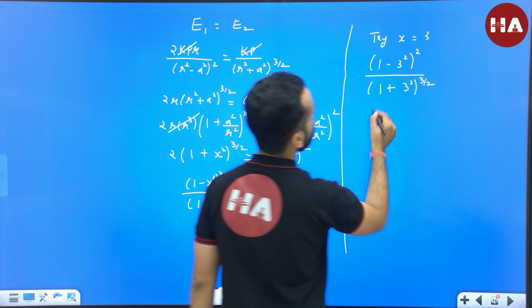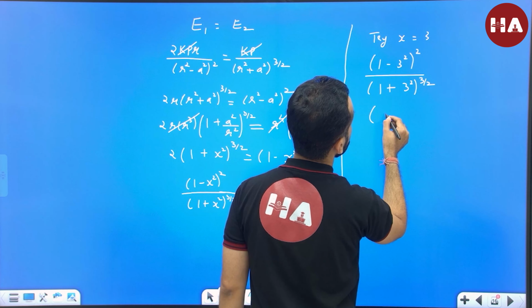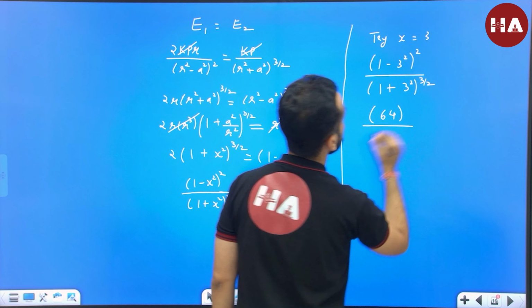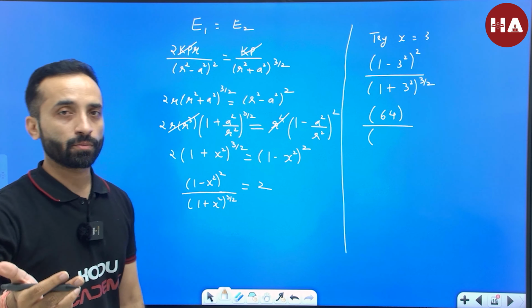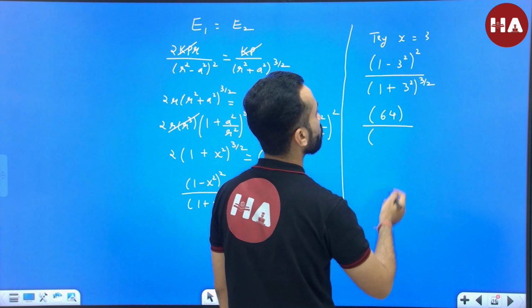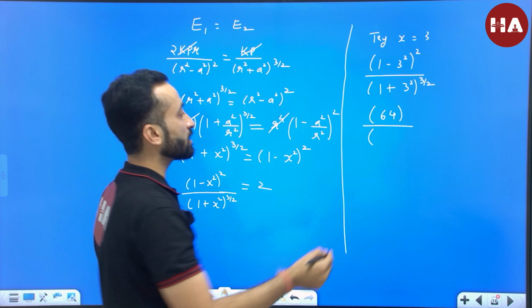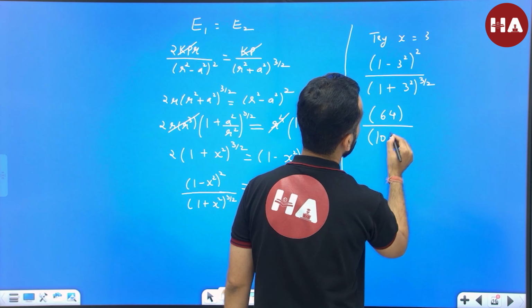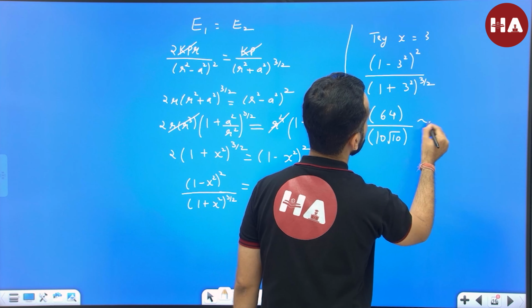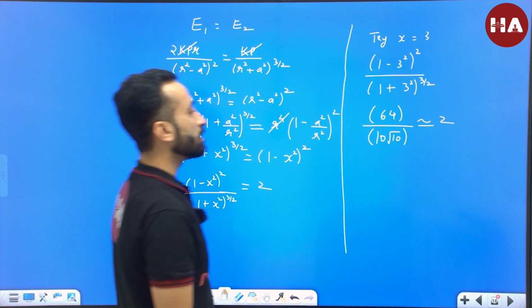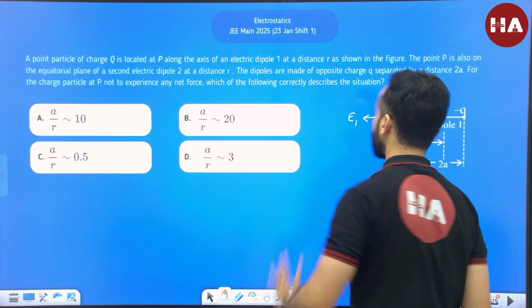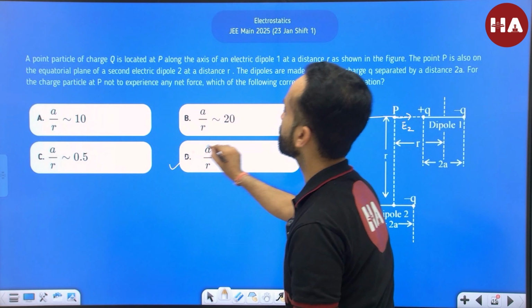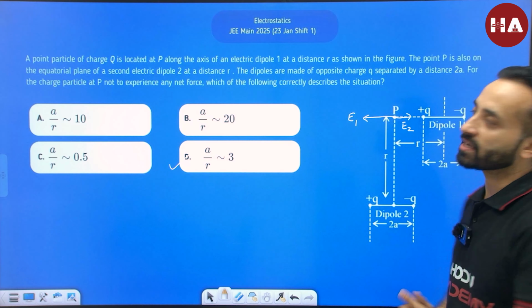So this is going to be 1 minus 9, that is minus 8, but squaring that will become 64, and this will be 10 raised to the power 3 by 2. So first we'll do the square root, that's root 10, and then cubing that will be 10 root 10. So when you solve this value, it approximately turns out to be 2. Hence, the value satisfying this mathematical equation is a by r approximately equal to 3.